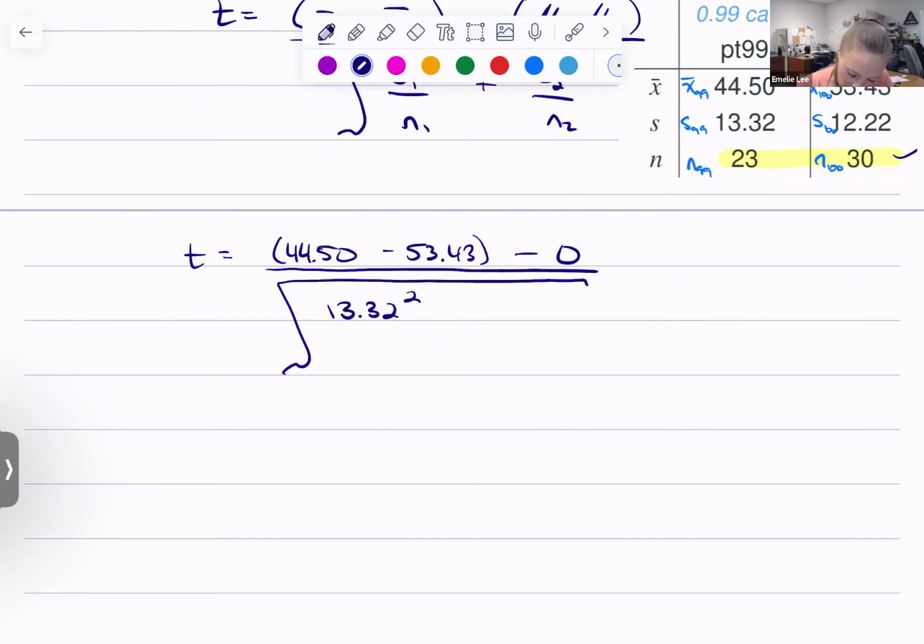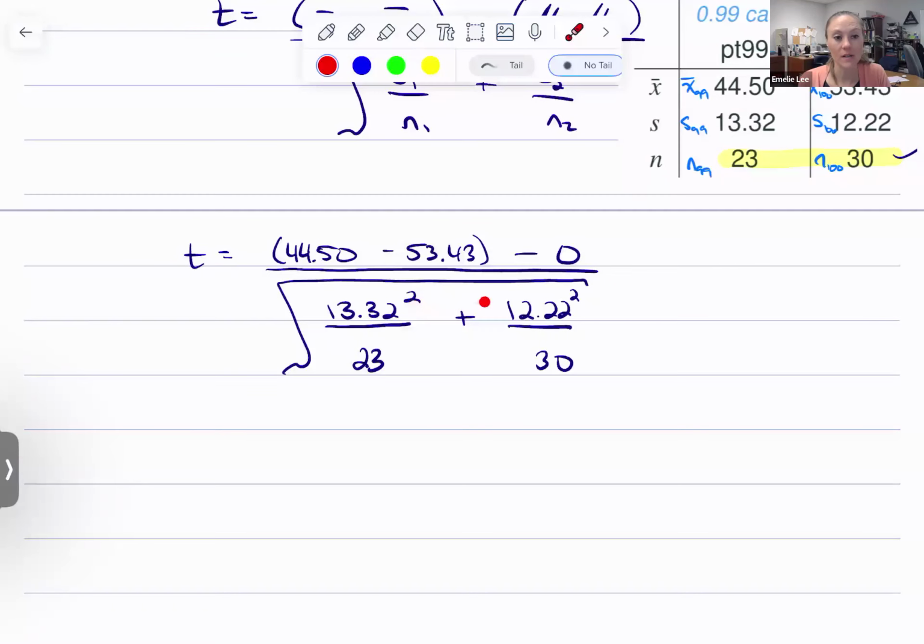But if we think about, okay, now my square root is on the outside, and if I illegally distributed my square root, right, because we have addition here, so we can't do that, but if I did, then this would become s, and then the root n in the bottom would just be the same as before, over 23 plus 12.22 squared over 30. So these squares, those are the ones that people love to forget about because they're kind of new to us. We're not used to seeing it like that.